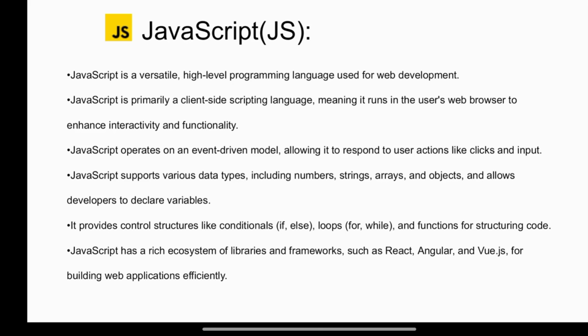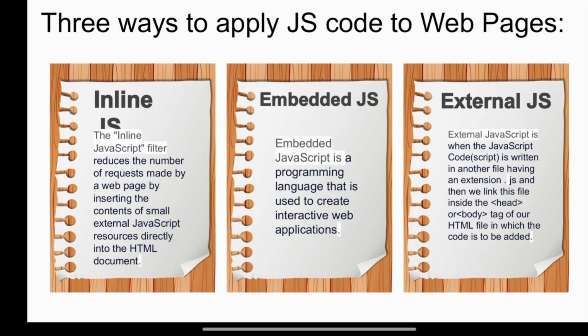JavaScript has a rich ecosystem of libraries and frameworks such as React, Angular, and Vue.js for building web applications efficiently. Three ways to apply JS code to web pages are inline JS, embedded JS, and external JS.